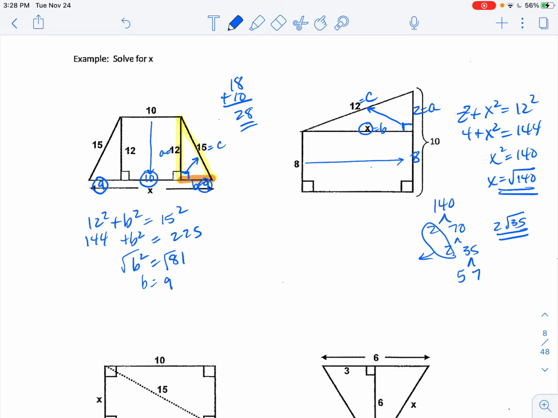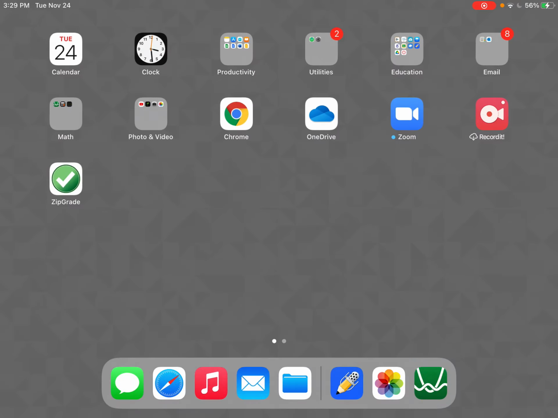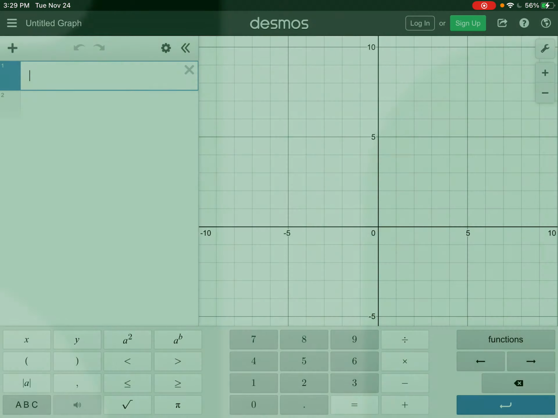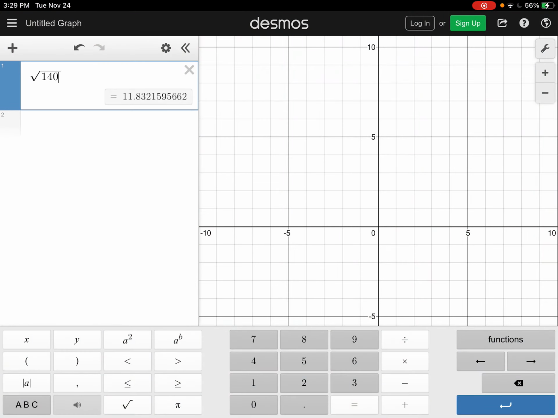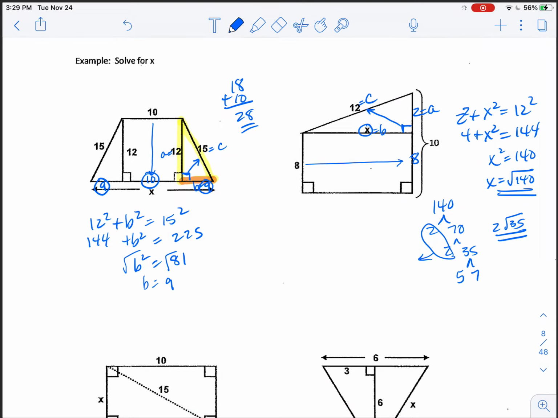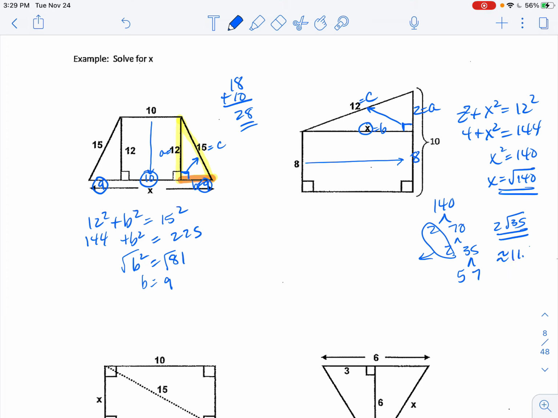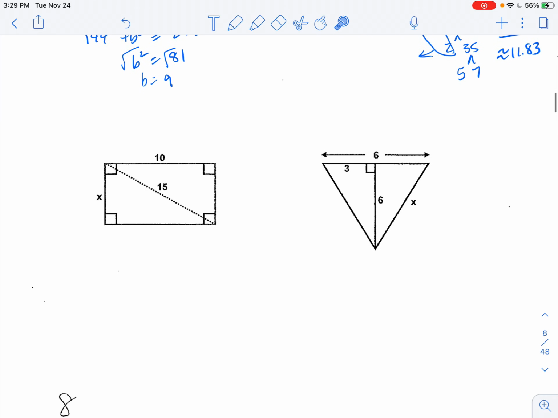Here's a simplified root, and let's see what the decimal approximate would be. Square root of 140, go back to Desmos, square root 140, and it's about 11.83. And so this is approximately 11.83. And that's what the base of this triangle is.